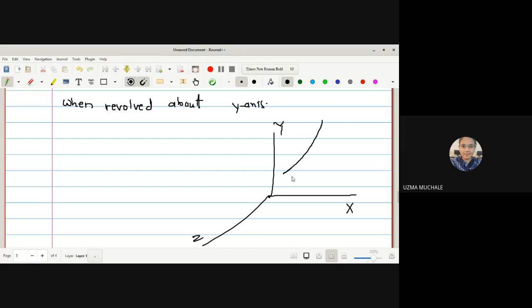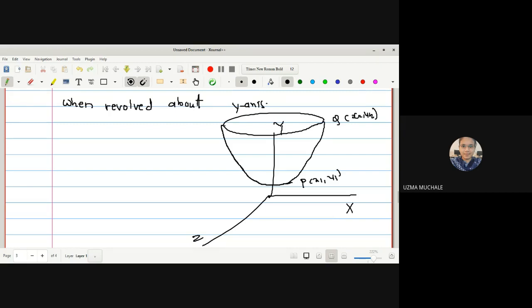Here this is P with the coordinates x1, y1, and Q with the coordinates x2, y2. Now we have to revolve this so that we get the resultant. After revolution you will get this type of image. This is your catenary. If you know the catenary, you will understand that this is actually a catenary. Otherwise you have to put your faith in me.